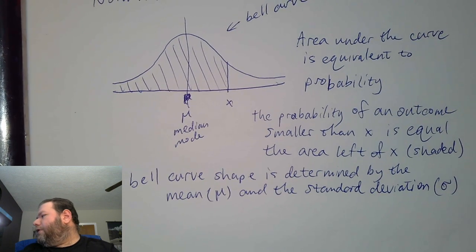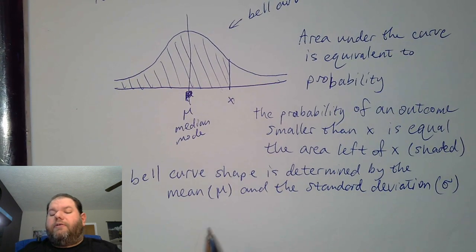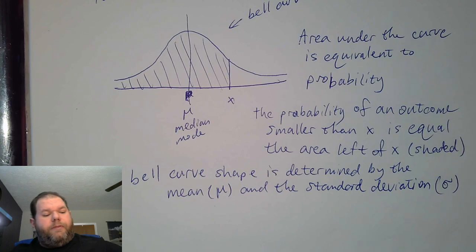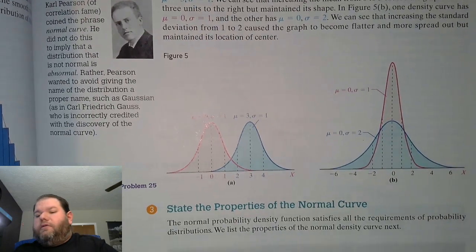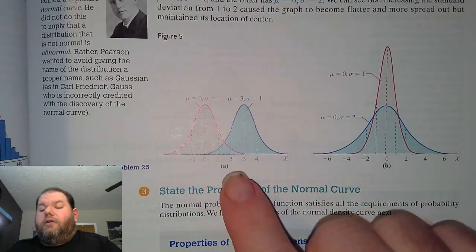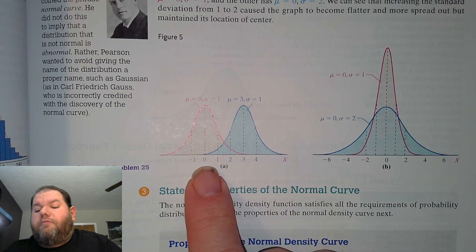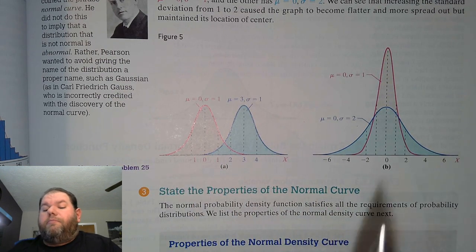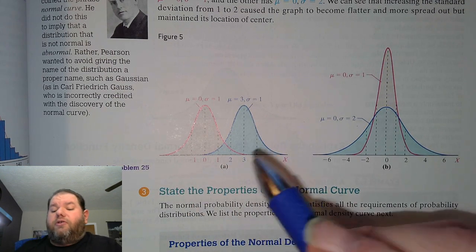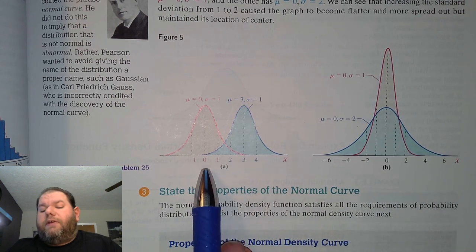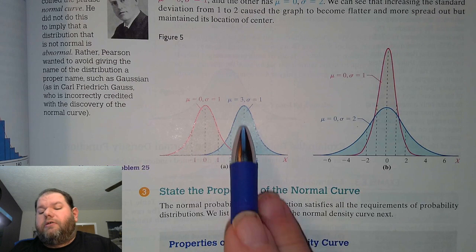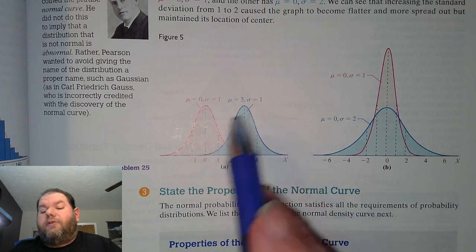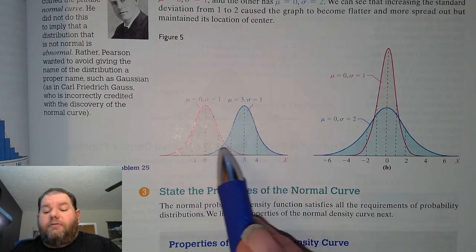Okay, which again we designate as mu and sigma. And in the book we have a couple of different graphs which illustrate this. In these first two graphs they have different means, but they have the same standard deviation. So one mean is here for one graph, it's right in the middle, and the other graph has a mean here. But the standard deviation is the same, so the shape of the curve is identical.